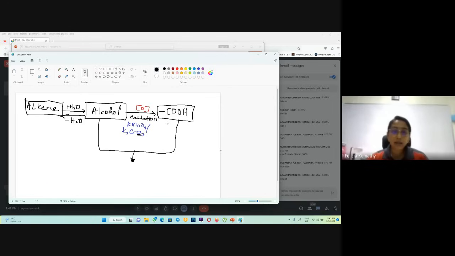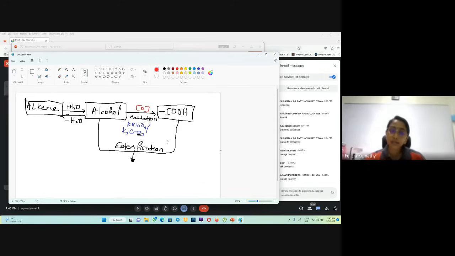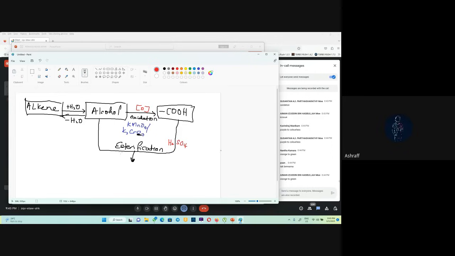Now, alcohol can react with carboxylic acid. The process is called esterification. What's the catalyst we use for esterification? Concentrated sulfuric acid.